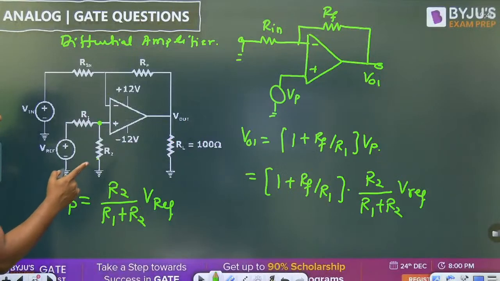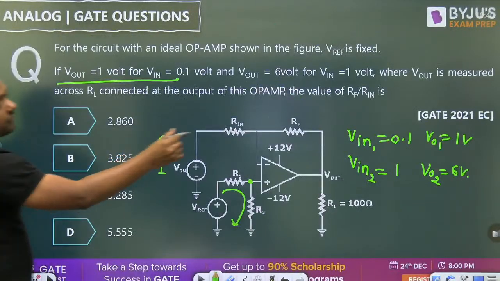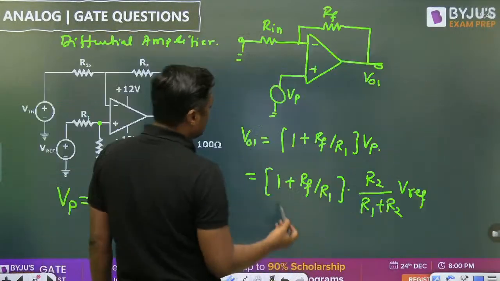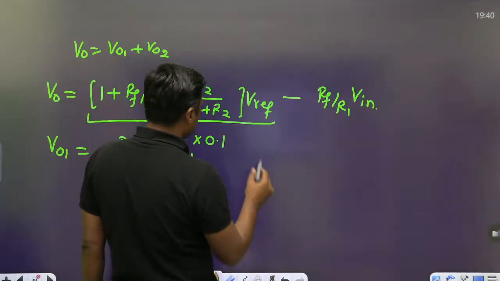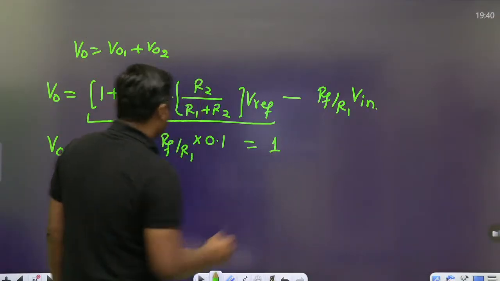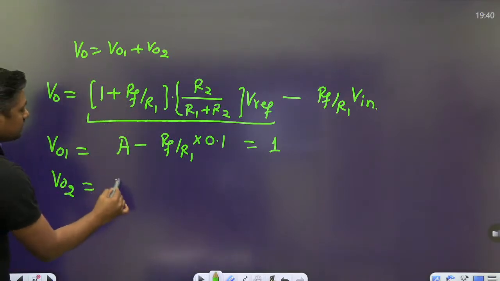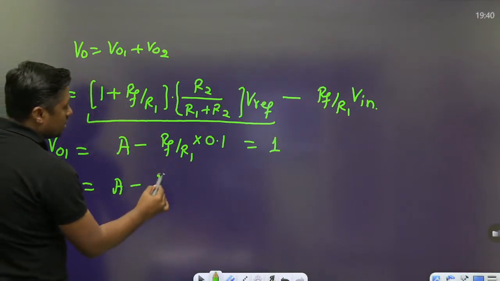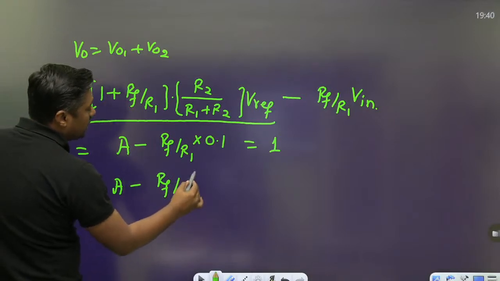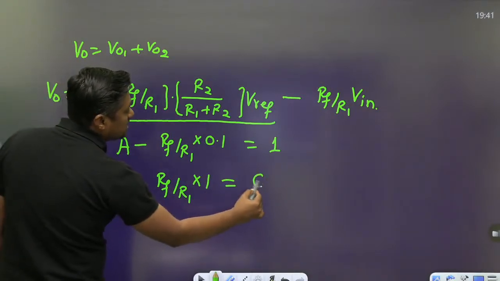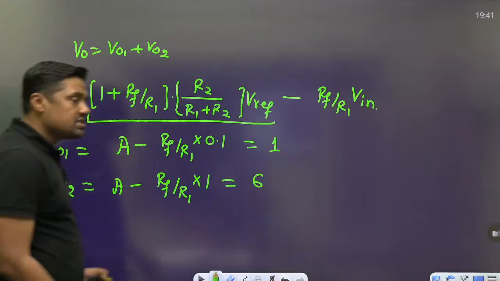That is the first case. Directly you can write it. In the second case, this term will remain the same, minus Rf by R1. You are increasing V in to 1 volt and the output is increased to 6 volt. And that is the mistake here.